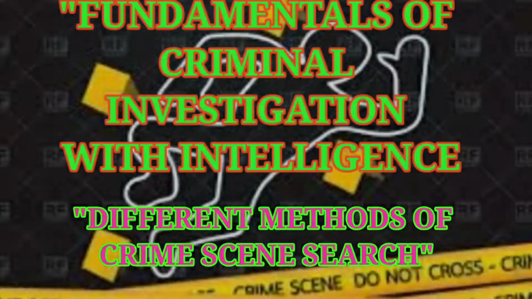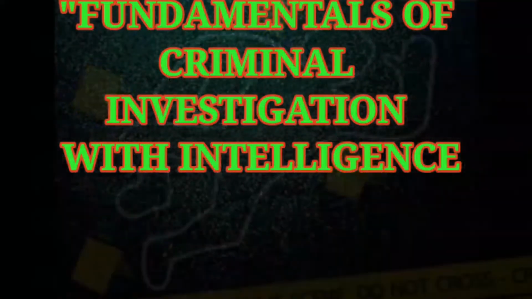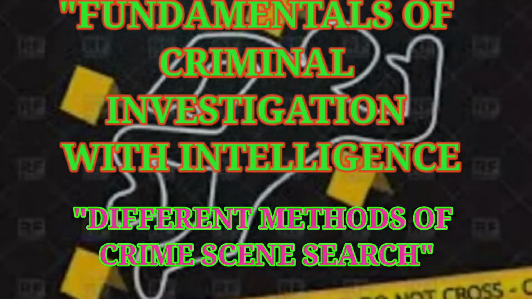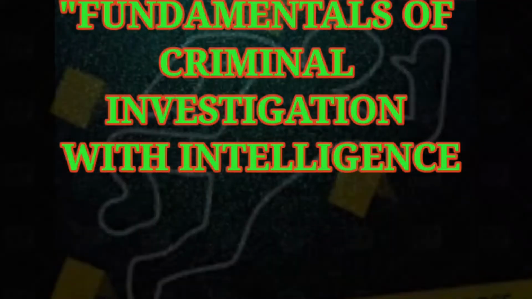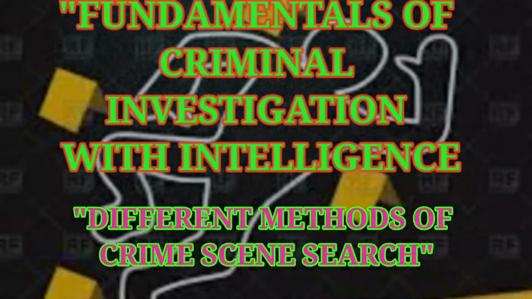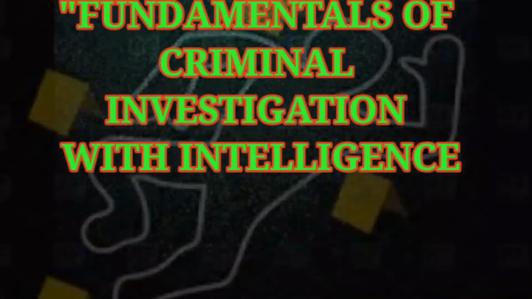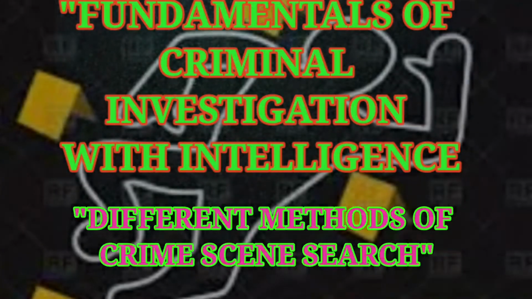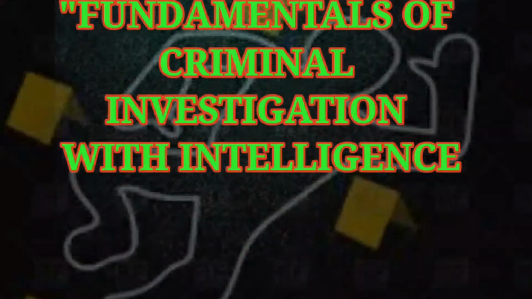The topic that will be discussed in this short video presentation is about different methods of crime scene search, a topic under the subject of fundamentals of criminal investigation with intelligence.